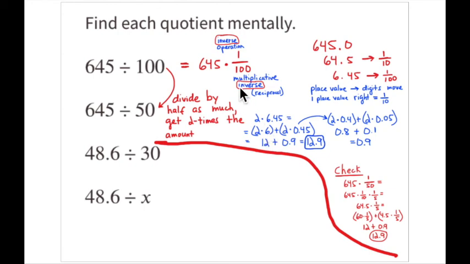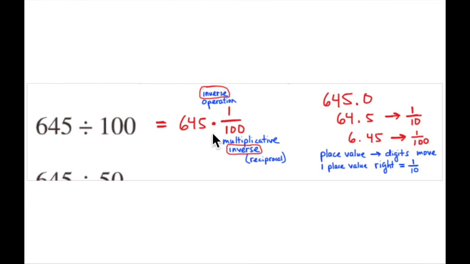So 645 divided by 100 is the same as 645 times 1/100th. So I'm going to use the inverse operation. I'm going to multiply, and I'm going to use the multiplicative inverse, which is 1 over 100, or 1/100th.